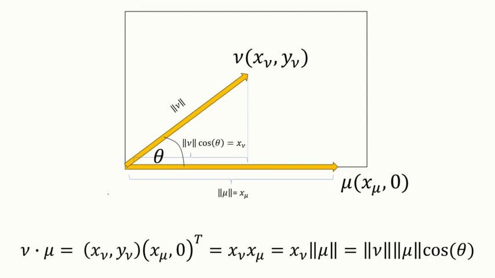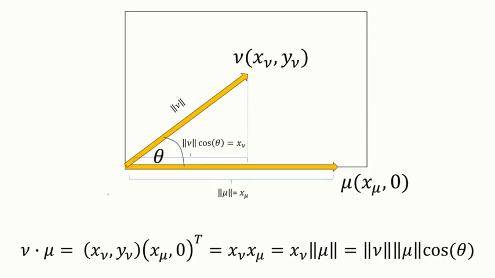So we know how long this part is. The value is x. It's the same as this, right? Because that's the coordinate position of this. And this divided by that is cosine.